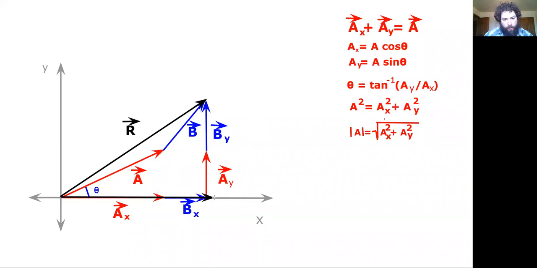So we can see that Rx, and I'll add that on like usual, I can't do these in colors, we'll just do it like that.